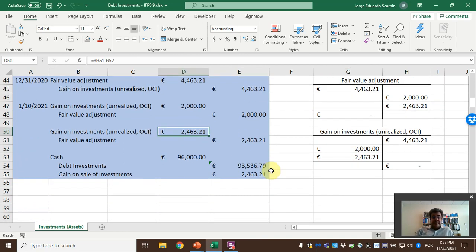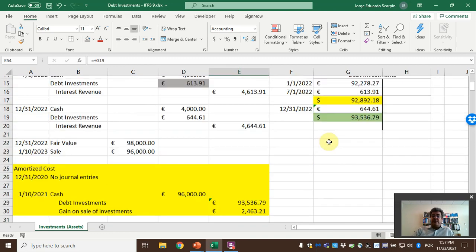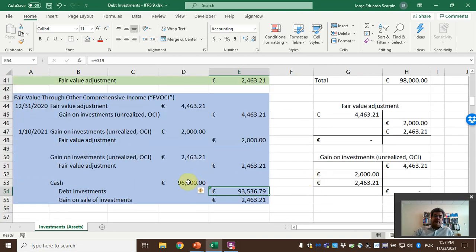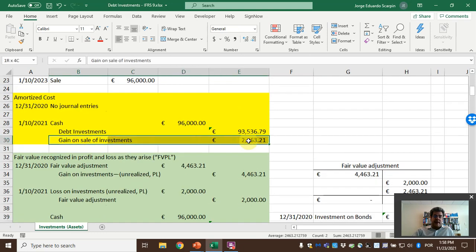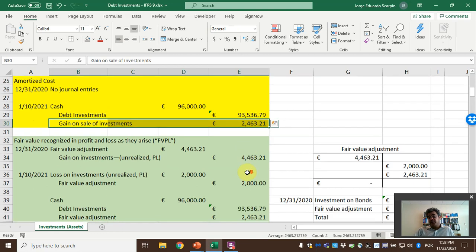And then now we have balance only on investment minus cash, gain on sale of investment. So this one we are closing it, and when we sell it, we move from equity to profit and loss. So then the gain will be just like the amortized costs.